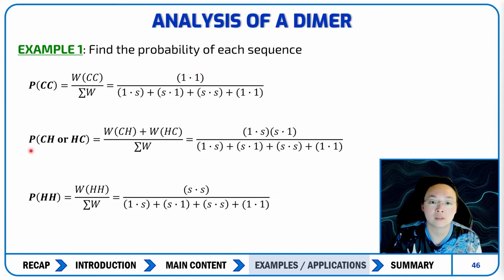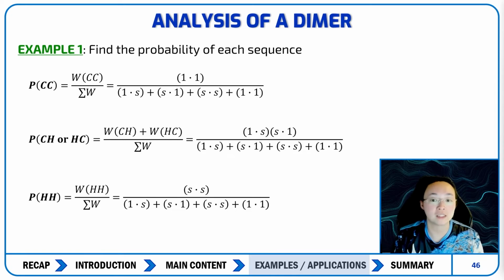Now for the probability of getting 2 helix states, or probability of getting 1 helix state, you have the weight or the multiplicity of CH plus the multiplicity of HC divided by the total, and you get this. And of course, the last one, it will simply be S times S divided by the total.